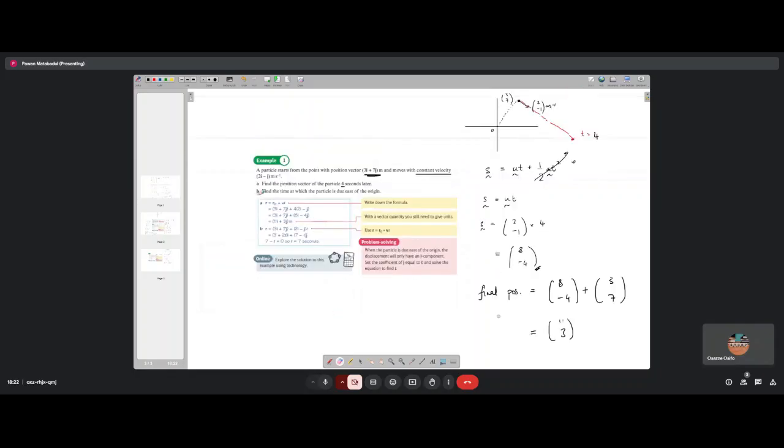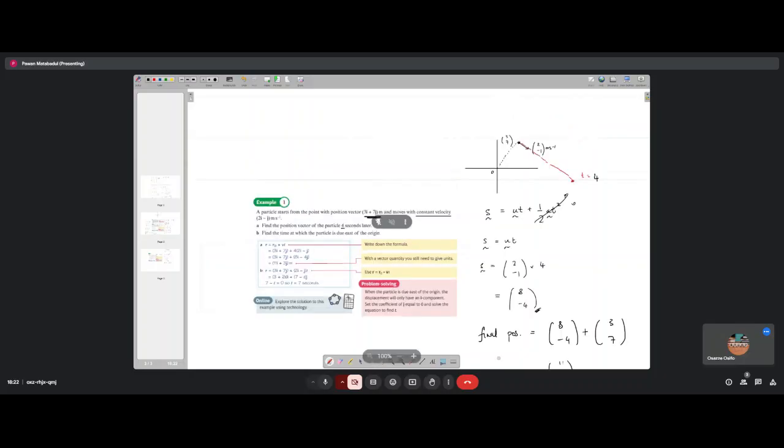Okay. Part B, find the time at which the particle is due east of the origin. Give me a second here. I don't know if I'm misinterpreting this. Due east. Oh, okay, right.